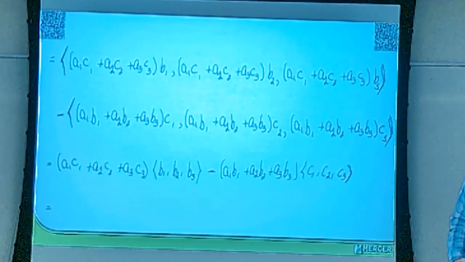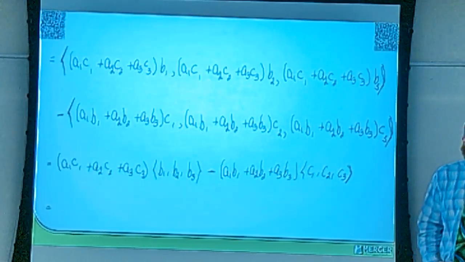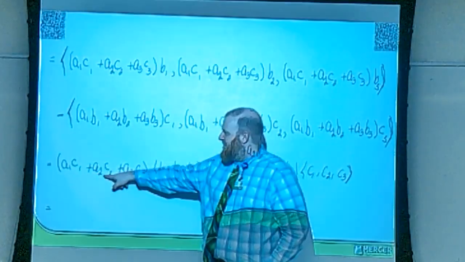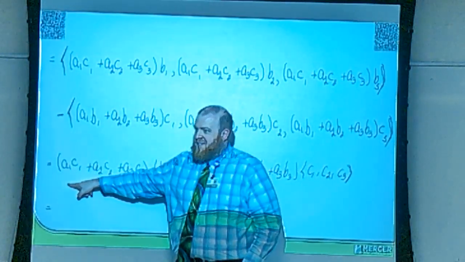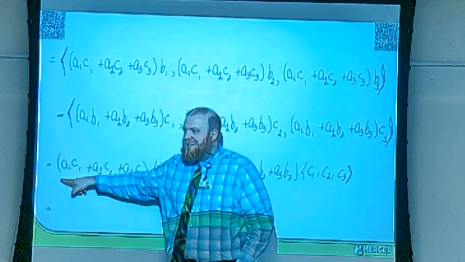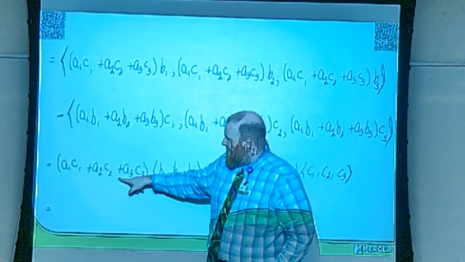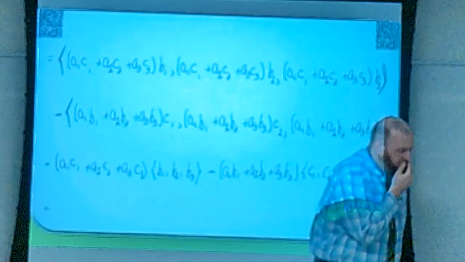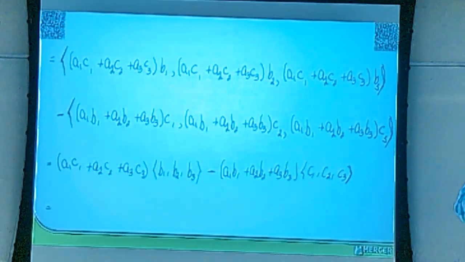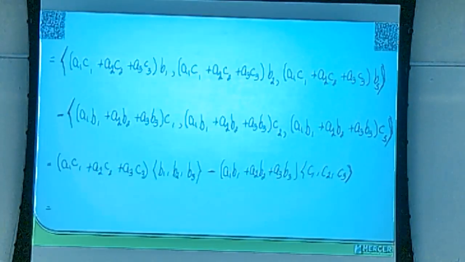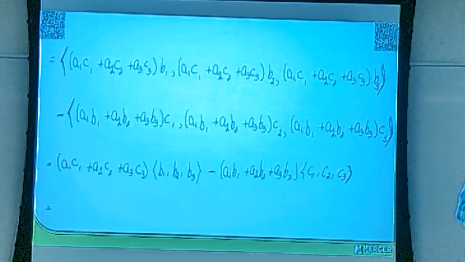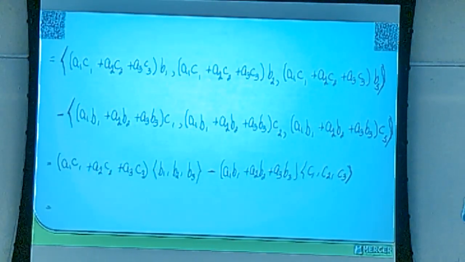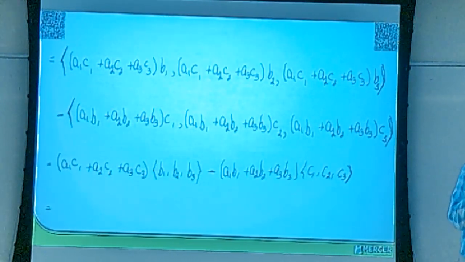Can we do the same thing that we do earlier? You don't need to. What is that? Oh, determinant? Not a determinant. A1 times C1 plus A2 times C2 plus A3 times C3. What is that?